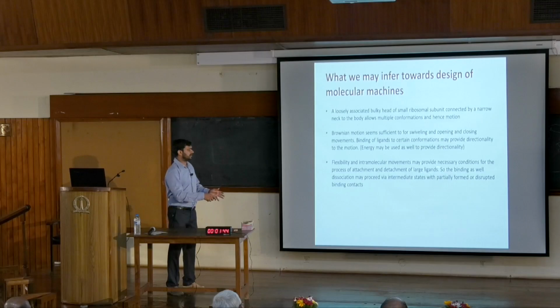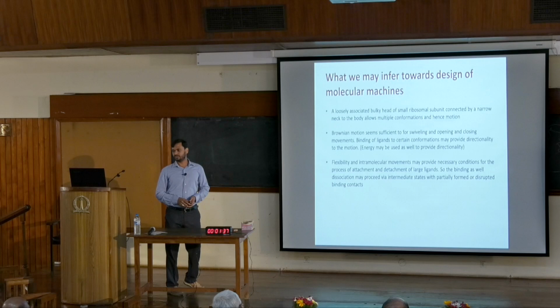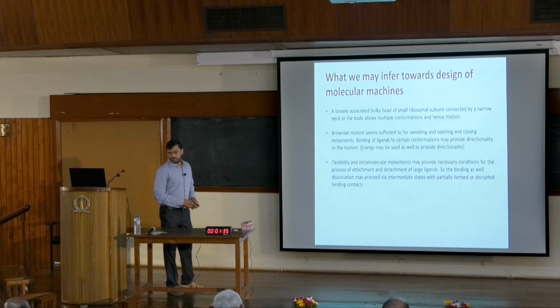So you can have the binding and the detachment of the ligands via multiple intermediates, and these intermediates will have partially formed or partially detached binding contacts. And essentially, as I have mentioned earlier, the binding of the ligands can provide directionality to the system.